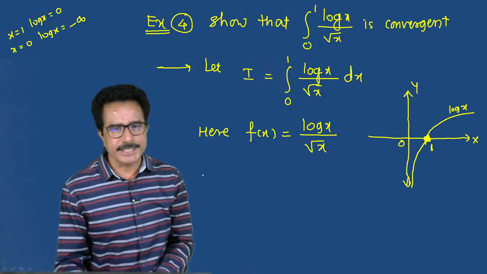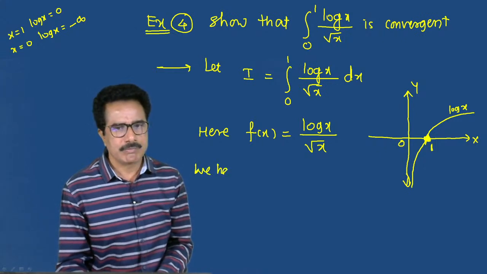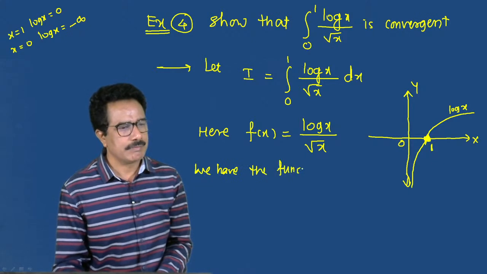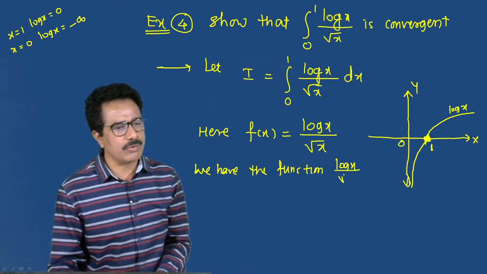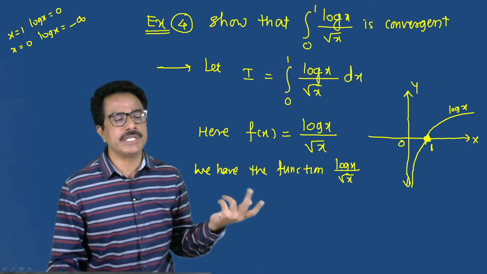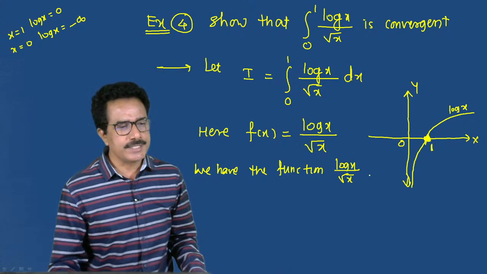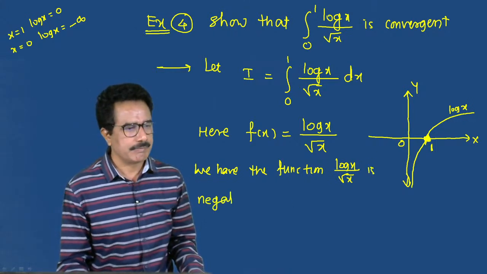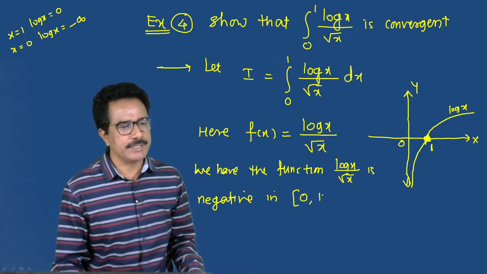So we can write here, we have the function log x divided by root x. Now multiply by root x: log x is negative, negative divided by positive means it is again negative, in closed interval 0 to 1.